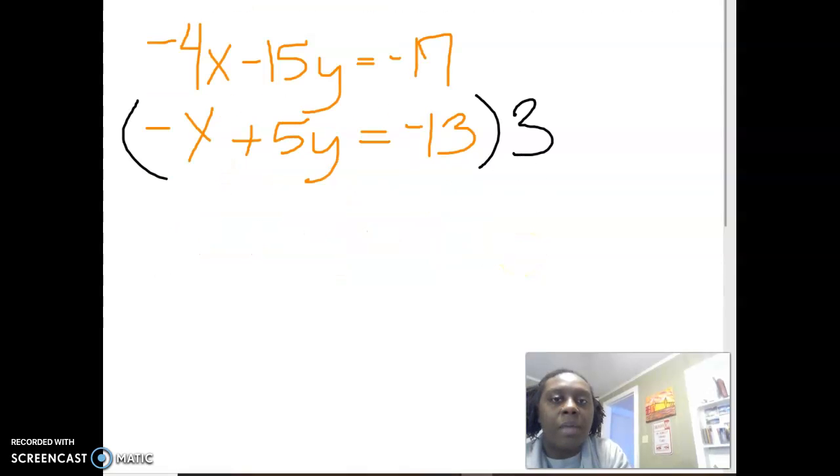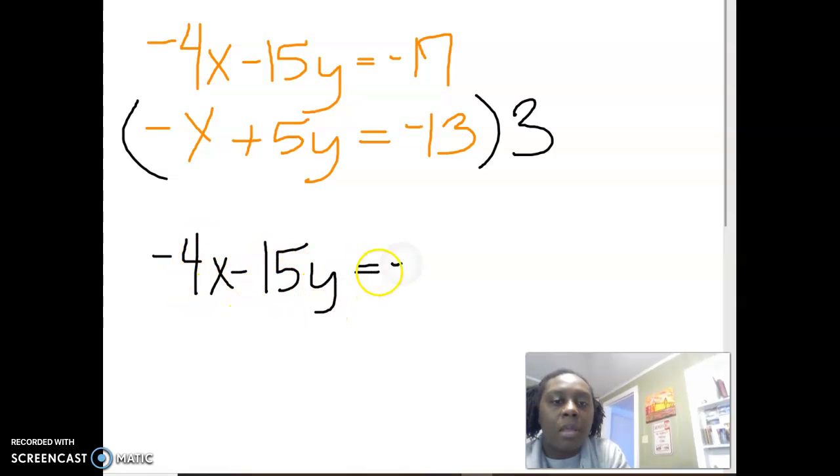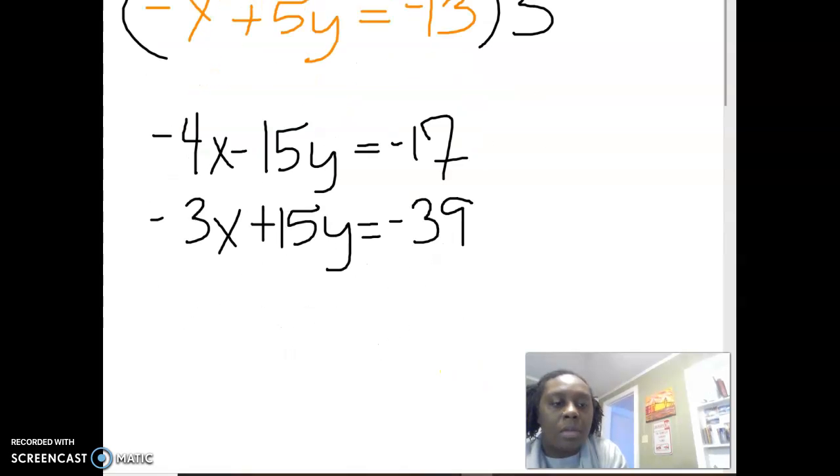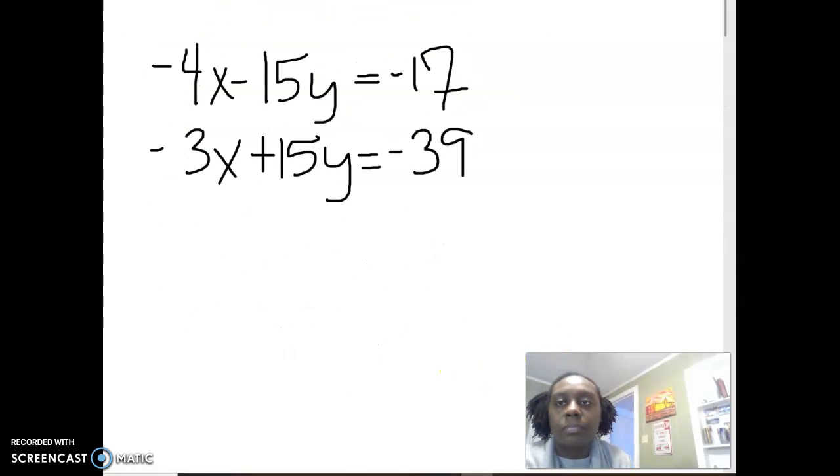Alright, so when I multiply by 3, that'll give me negative 4x minus 15y equals negative 17 on the top, and negative 3x plus 15y equals negative 39 on the bottom equation. From there, I'm going to add the two equations together.